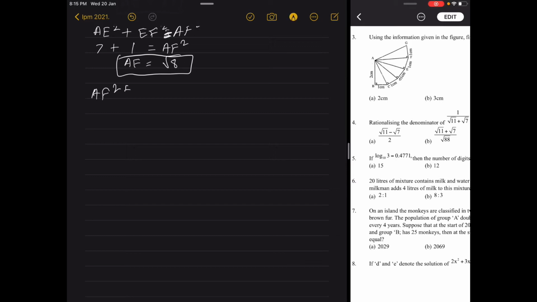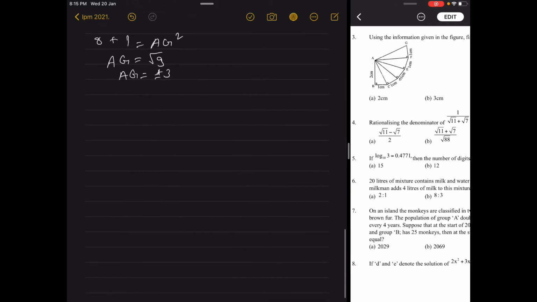AF square plus GF square is equal to AG square. AF square we know is 8 plus GF square is 1 is equal to AG square. AG should be equal to under root 9. Therefore AG should be equal to plus or minus 3.